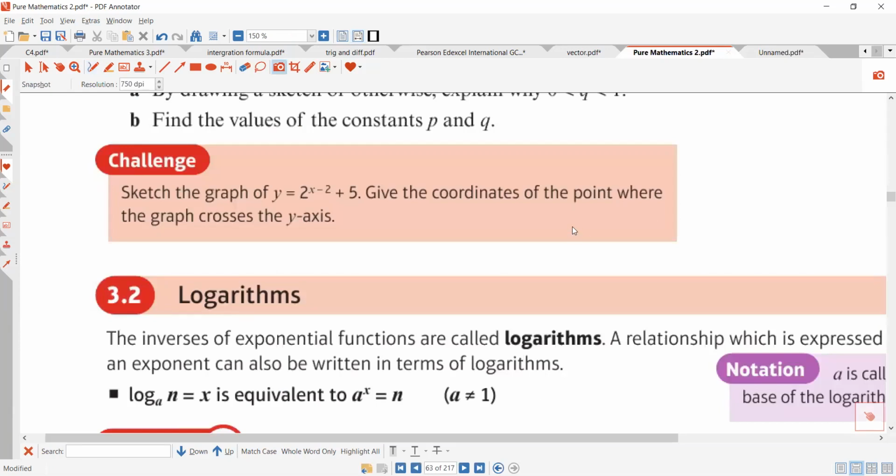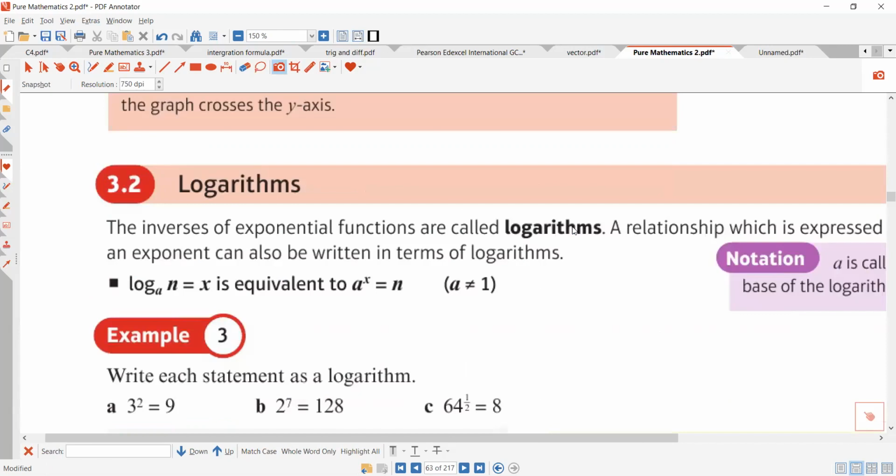We have to convert them to logarithm now. If I want to convert them to logarithm, what did I say? The below the power becomes the base. So this is going to be log to the base 3, 9 is equal to 2. The power is left alone. Understood? Yes or no?